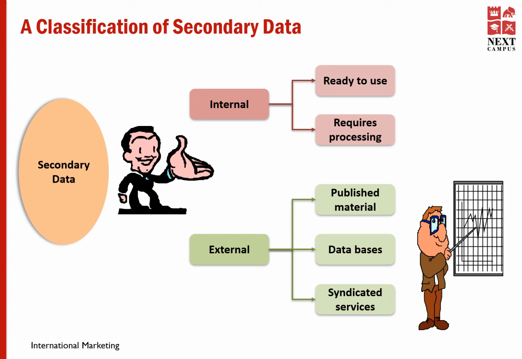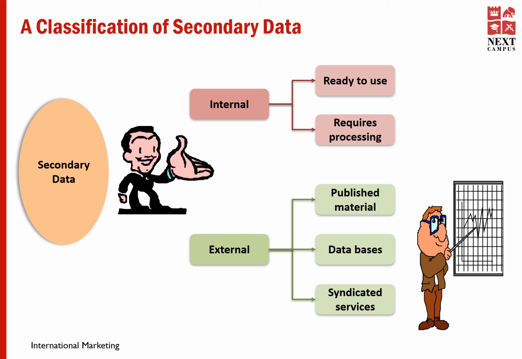You have primary data and then you have secondary data. Primary data is basically collected for that particular purpose, but secondary data is data collected for other requirements but available to you for your research purposes. Of secondary data, you will have some internal data which is ready to use or requires processing.